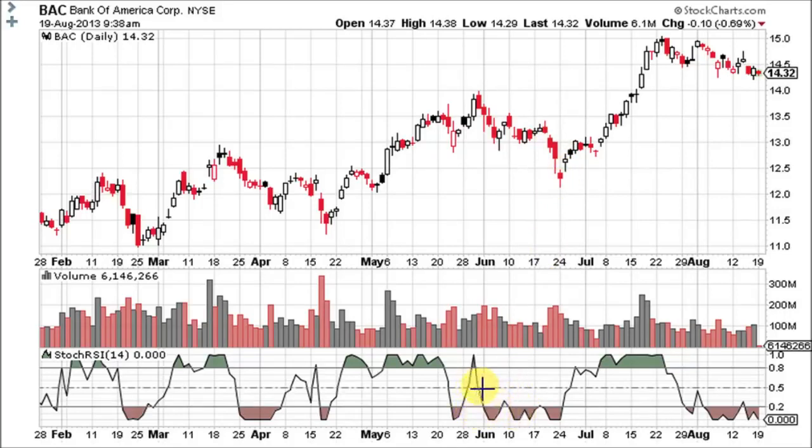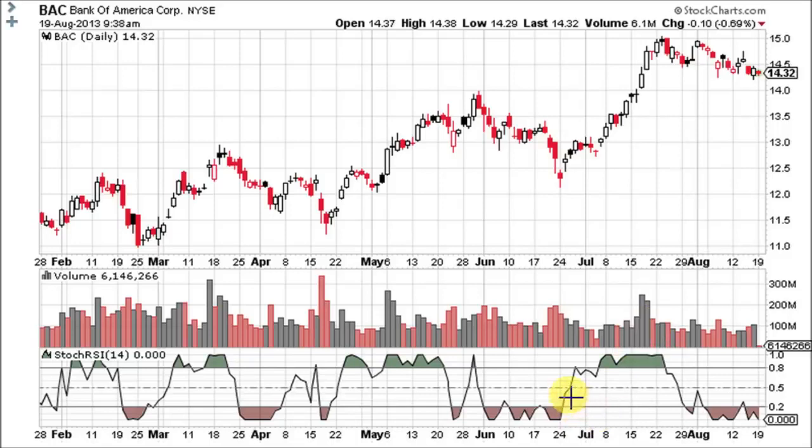It was telling you it was bearish right here, before it even formed the first right shoulder. So that was an early warning that this stock looked like it was weakening and was going to fall, especially if you combine Stoch RSI with chart patterns and volume studies.